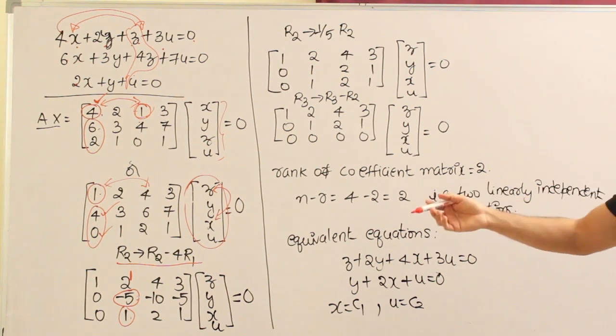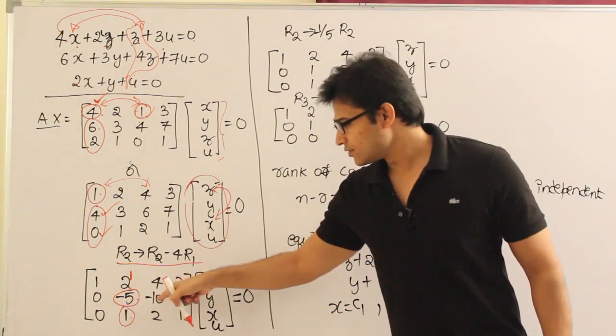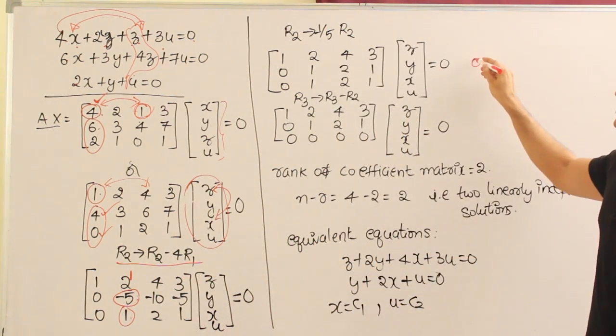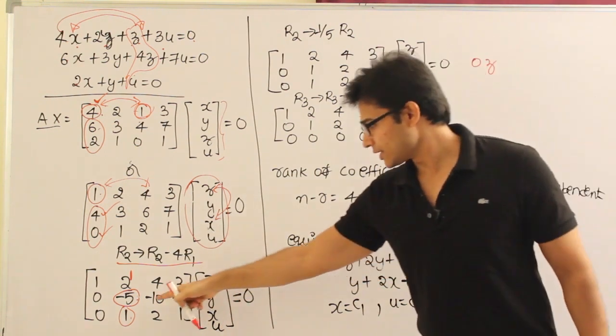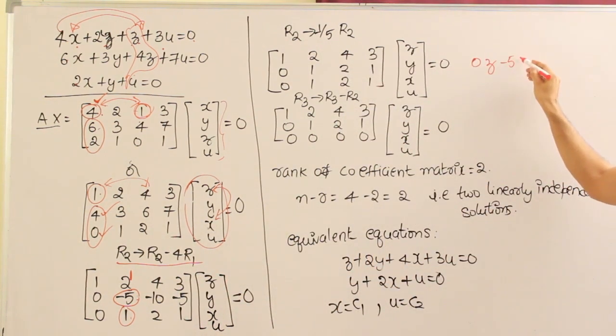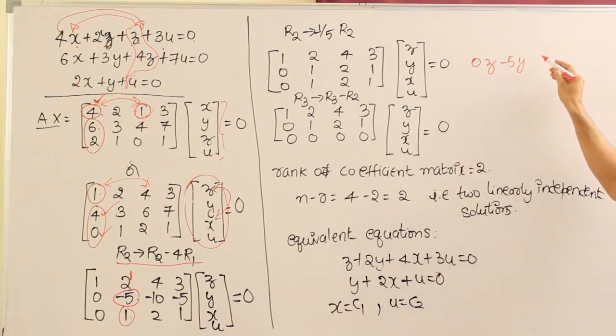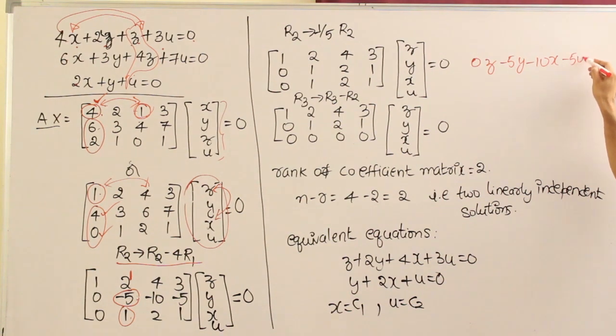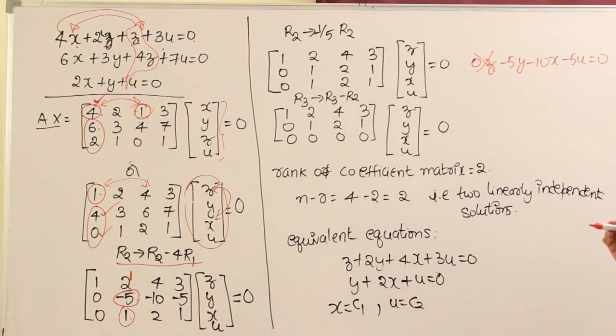The reason is this. See, with this row, what is the equation possible? 0 into z. Check this. I am multiplying this second row with this column. 0 into z minus 5 into y minus 10 into x minus 5 into u equal to 0. Isn't it? So this term is anyway not there.